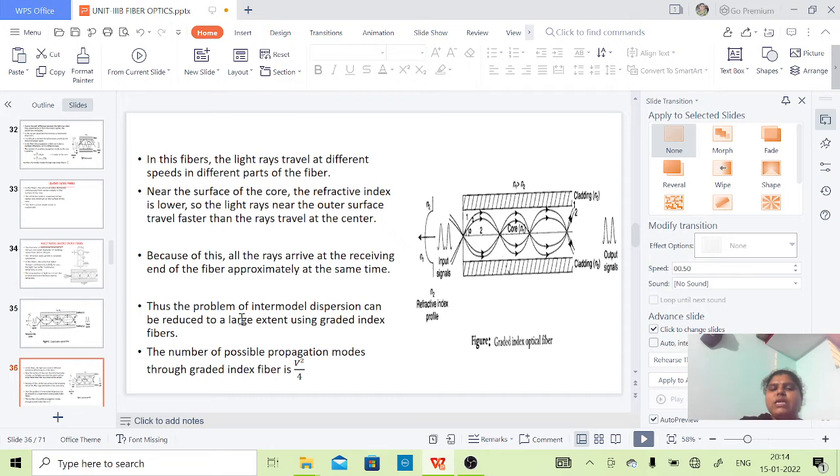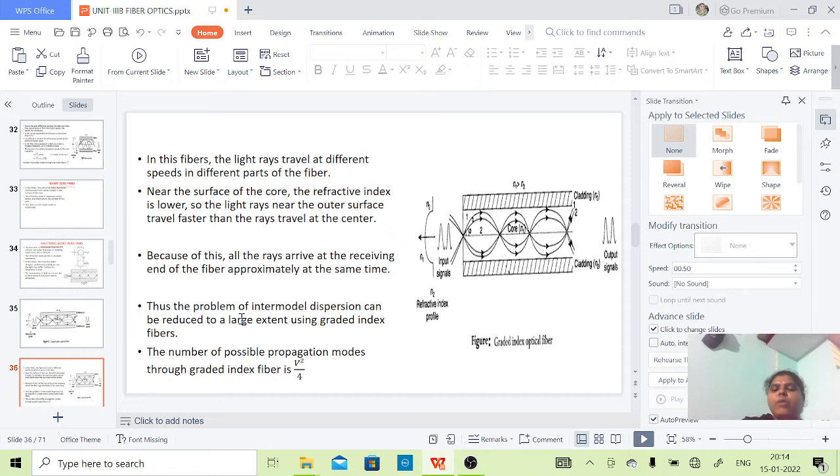So the light rays near the outer surface travel faster than the rays at the center, that means the center of the axis. Because of this, all the rays arrive at the receiving end of the fiber at approximately the same time.